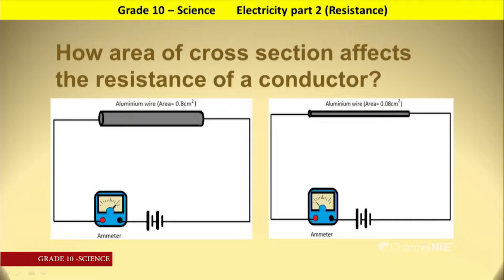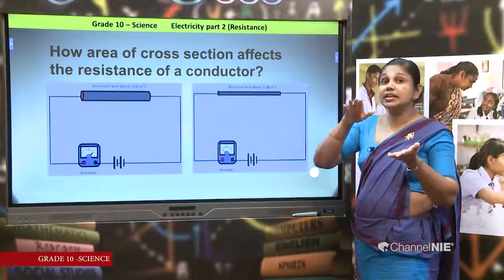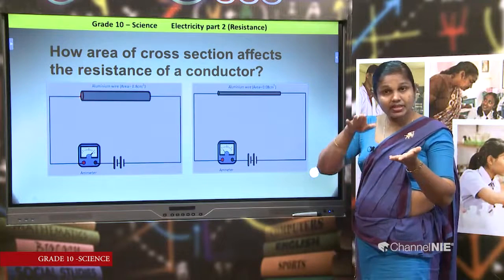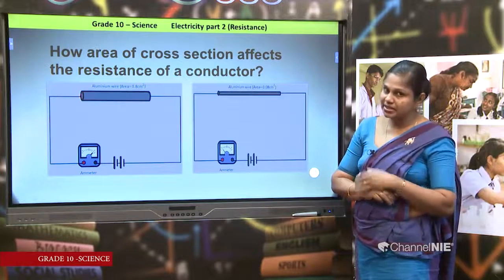The ammeter connected to the wire with the high cross-sectional area shows a high reading. Why? Because it has less resistance, children. That means when the cross-sectional area of the conductor increases, resistance decreases. As the resistance decreases, current flow increases.